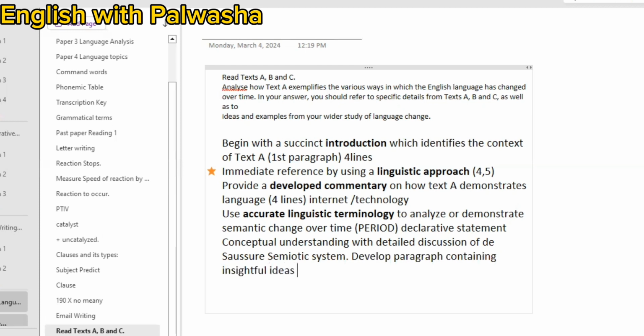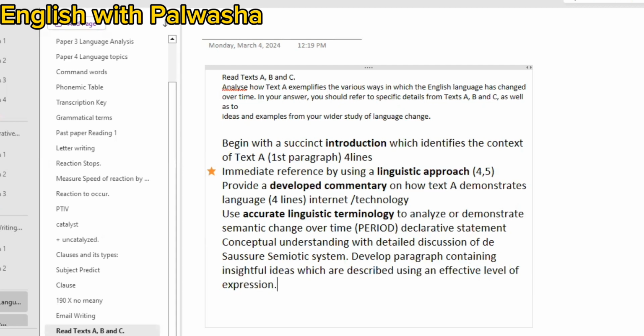It is going to be a bit longer paragraph, altogether 7 to 8 lines. Insightful ideas, which are described using an effective level of expression. Okay, so you have to use an effective level of expression.